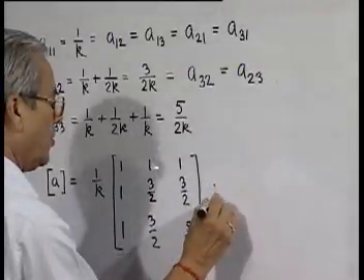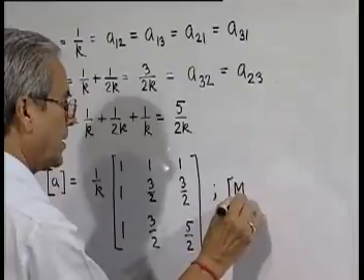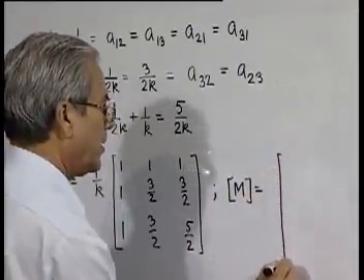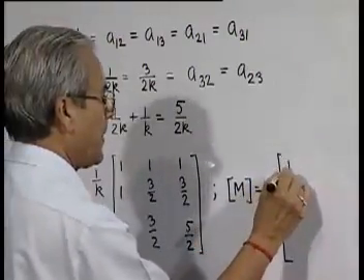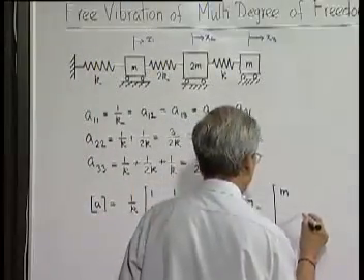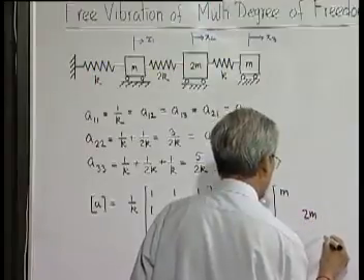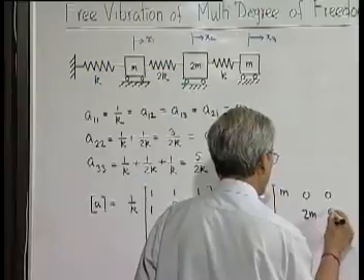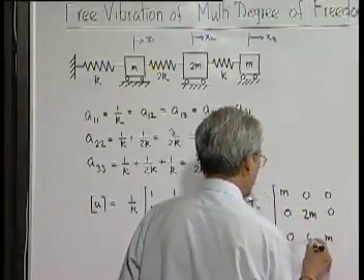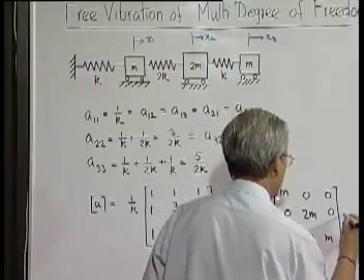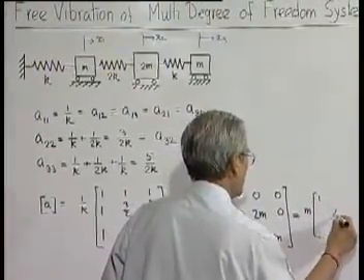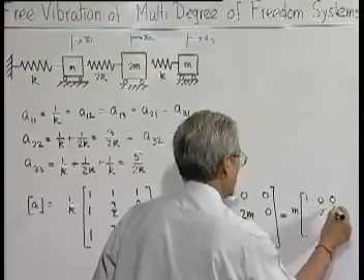We also know the mass matrix. The mass matrix will be simply: first mass is m, second mass is 2m, third mass is m, and the other terms are all 0, because the mass matrix is a diagonal matrix. So this is nothing but m into 1, 2, 1, with zeros elsewhere.